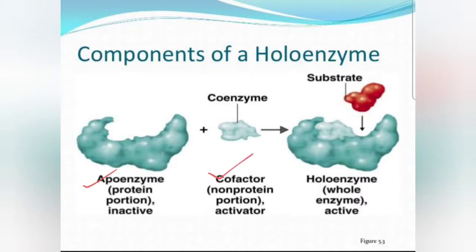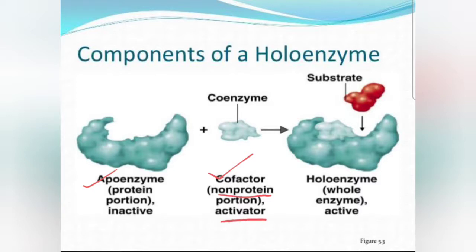Now what is the apoenzyme? The protein part of the enzyme, as you have learnt already in the definition that enzyme is proteinaceous in nature. So the protein part of the enzyme is the apoenzyme and it is basically the inactive part of the enzyme. The other component is known as the cofactor, also sometimes called coenzyme. That is the non-protein part, and it acts as an activator.